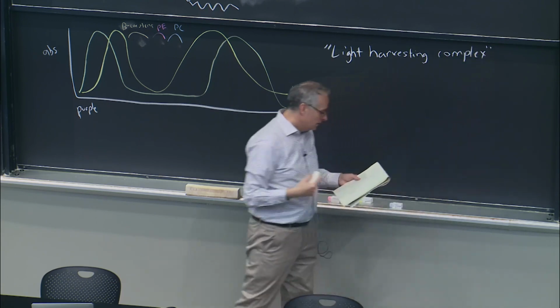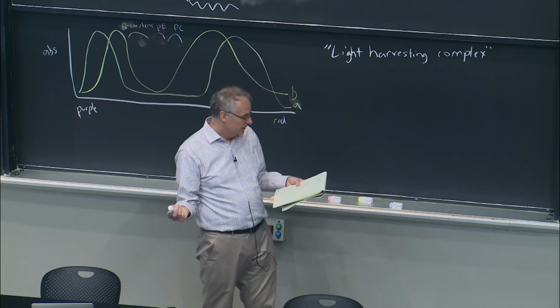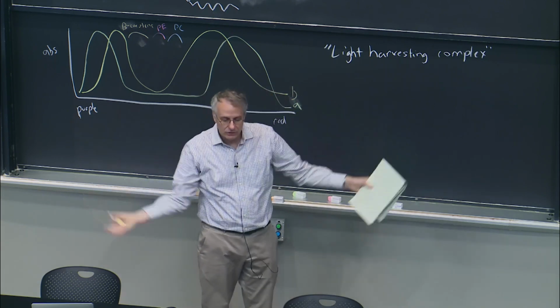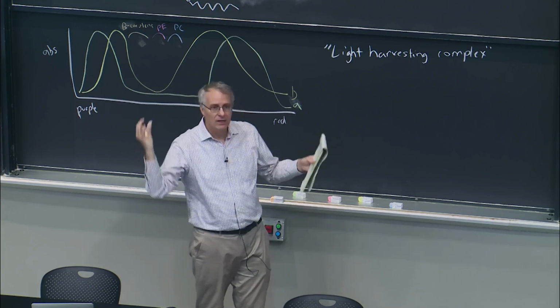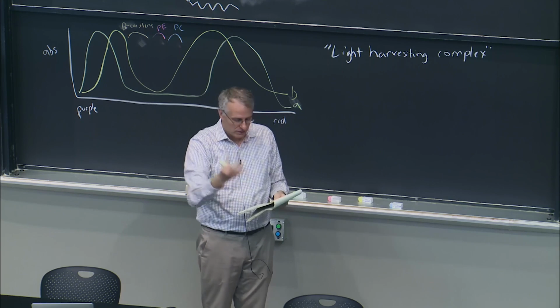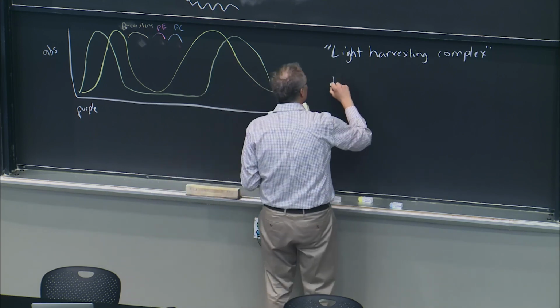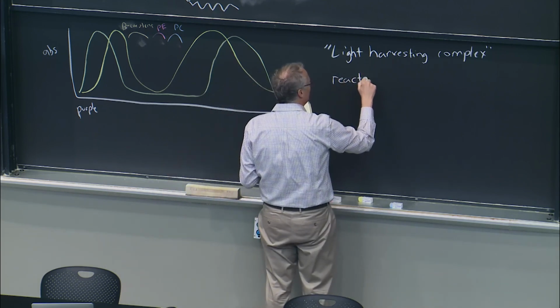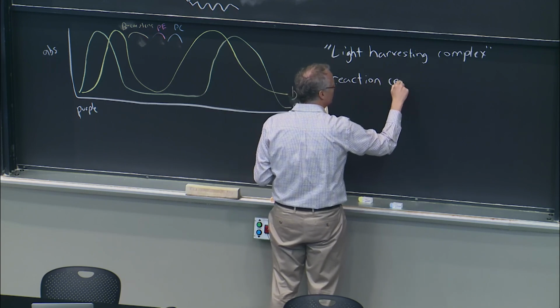And basically what a light harvesting complex is, is pigments arranged in a structure that can channel energy from the photons captured down into a place called the reaction center.